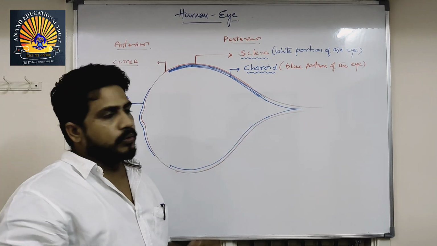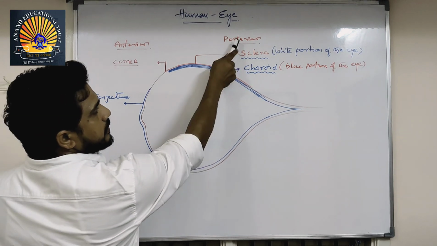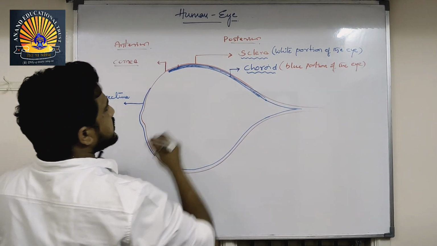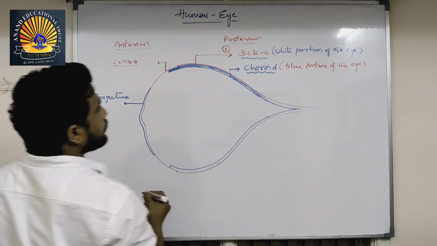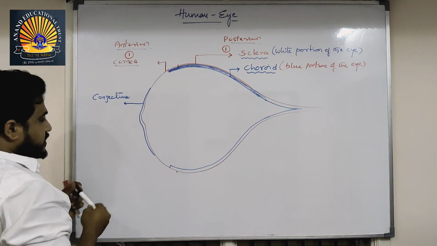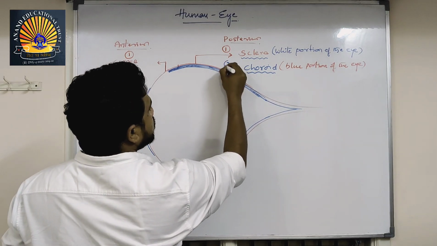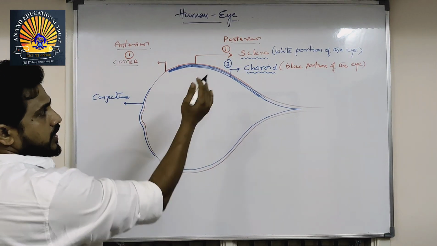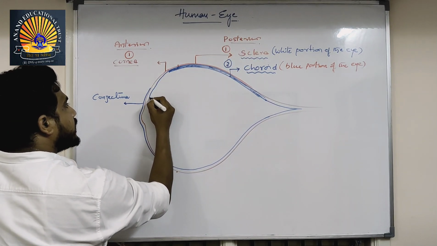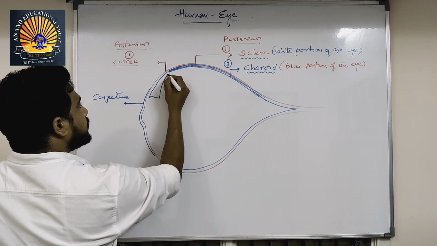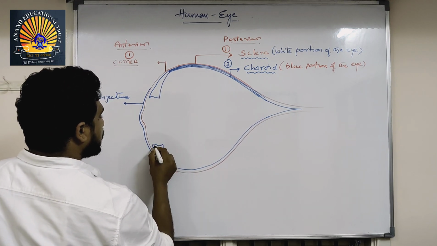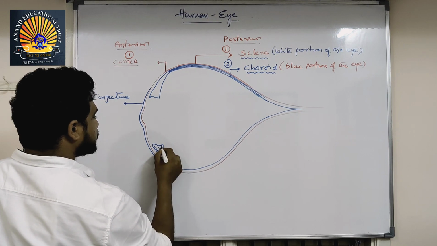But choroid is blue. Choroid is present on which side? Posterior side. Which layer? Second layer. So sclera is first layer, cornea is first layer, and choroid is second layer, below the sclera. On the anterior side, the choroid becomes the ciliary muscles.